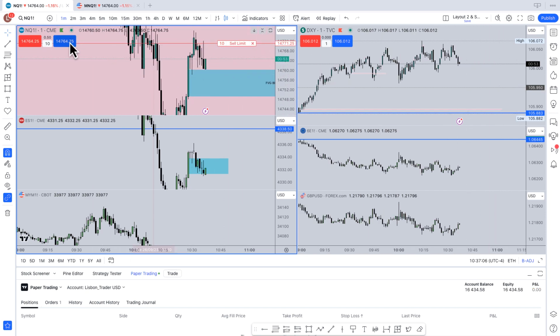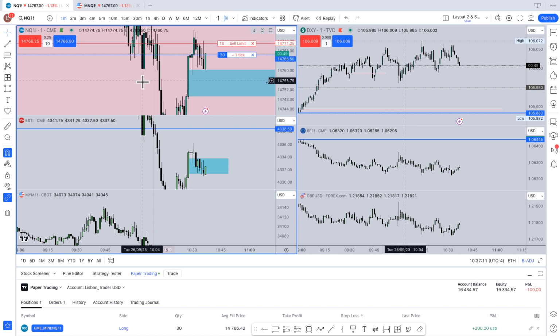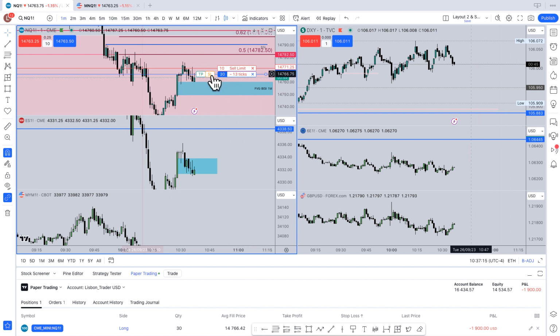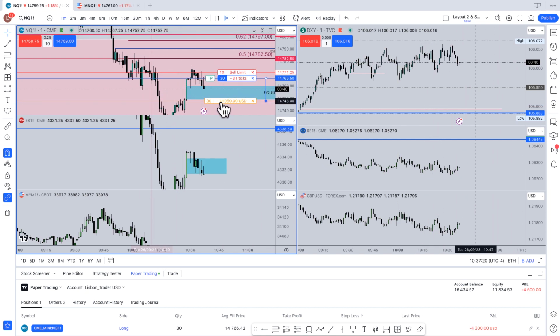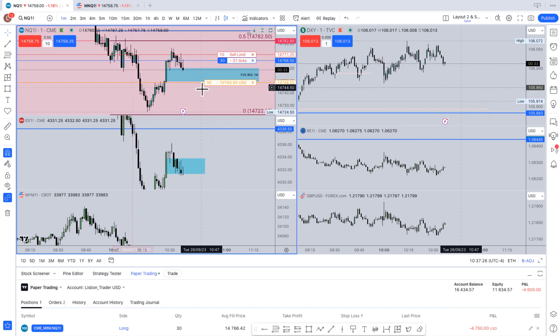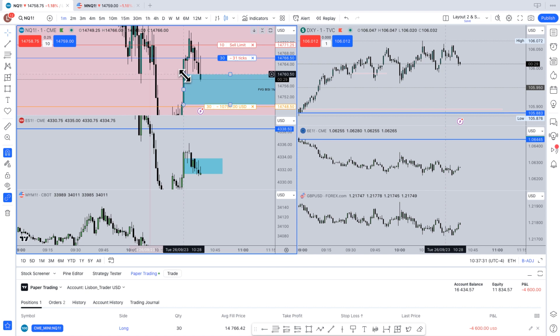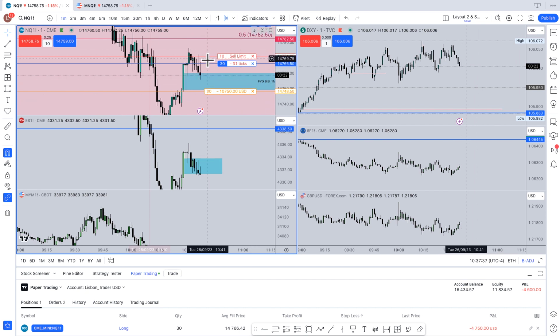Was too loaded. $6,000 balance. Now wants to revisit the fair value gap. So should I have been waiting? I would have been selling and buying here, going higher.